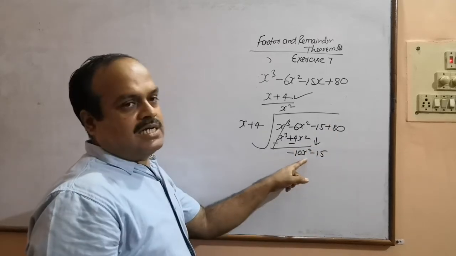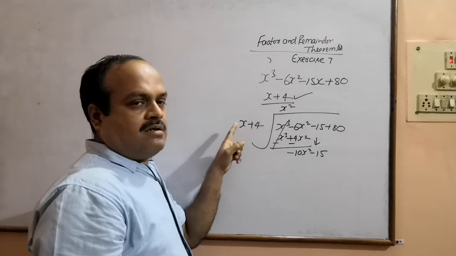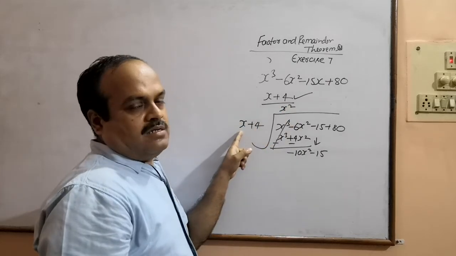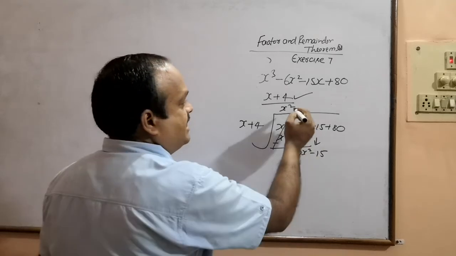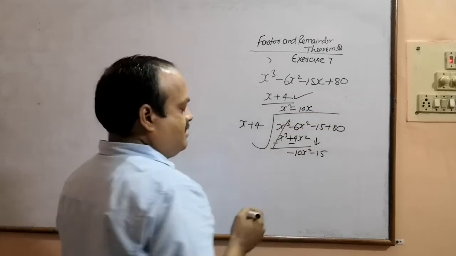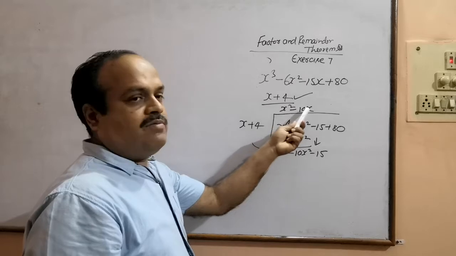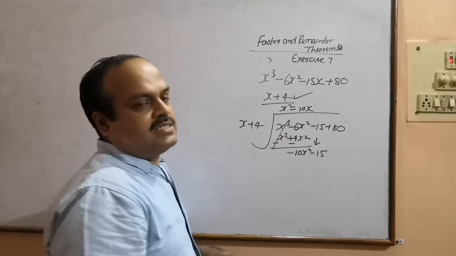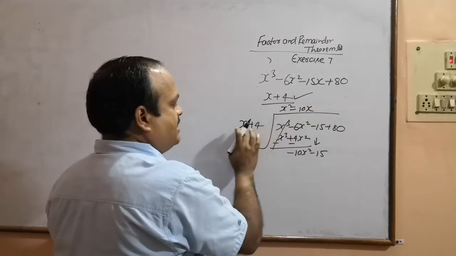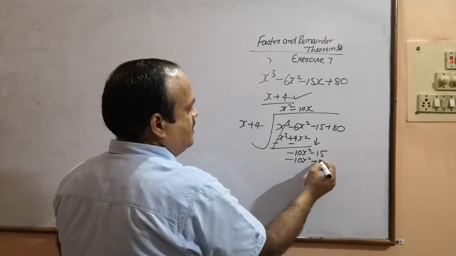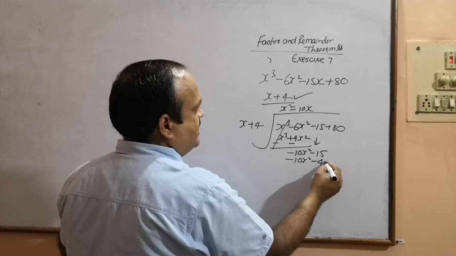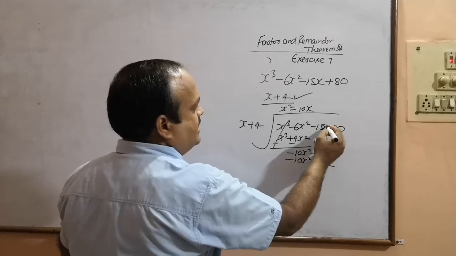To get minus 10x square, after multiplication of a number with x, we should write here minus 10x, because by minus 10x only when we multiply x, we will get minus 10x square. So minus 10x multiplied by both, so we get minus 10x square minus 40x, I think this is 15x.